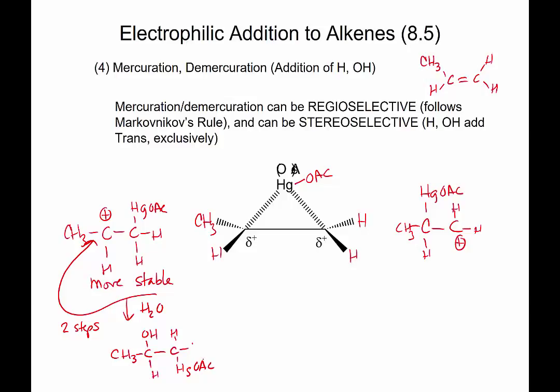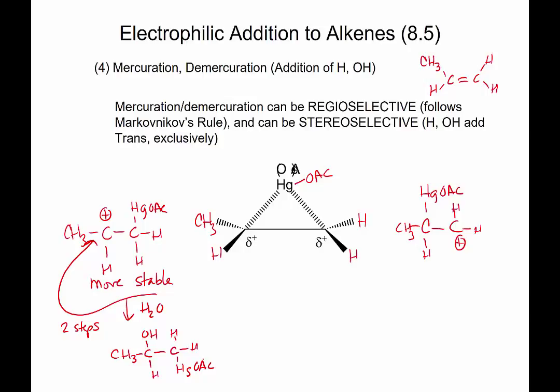And so that's my major product that I'm going to end up with, my mercury and my OH adding trans. My water added, formed the oxonium ion. I lose the H+, so I'm not showing both steps, but hopefully you remember they're there.